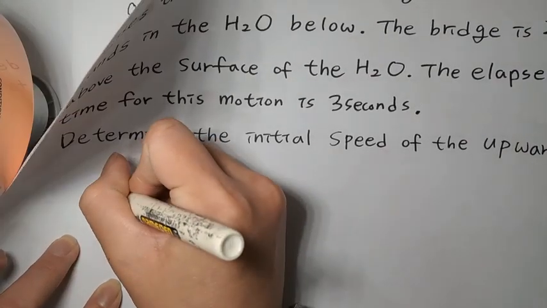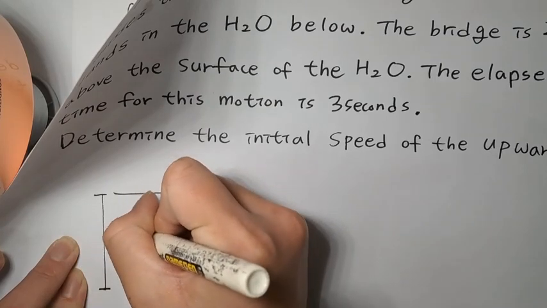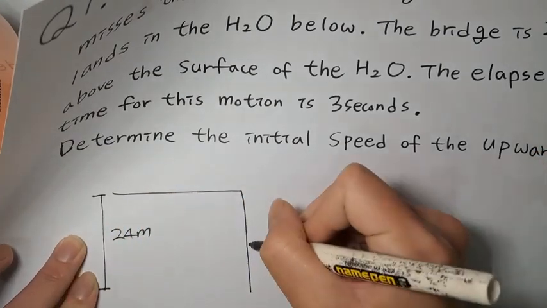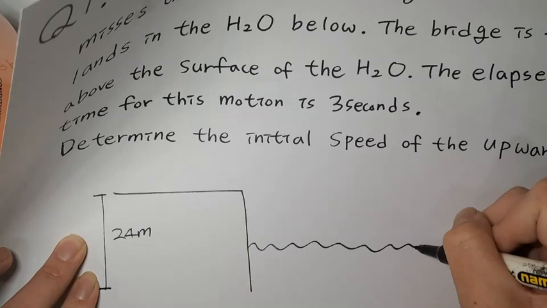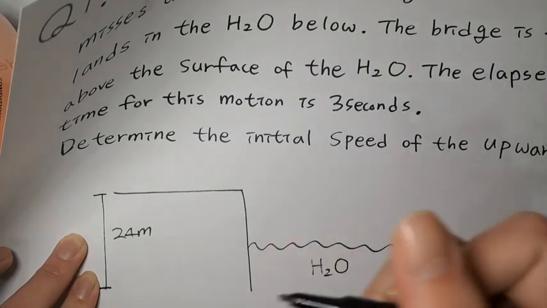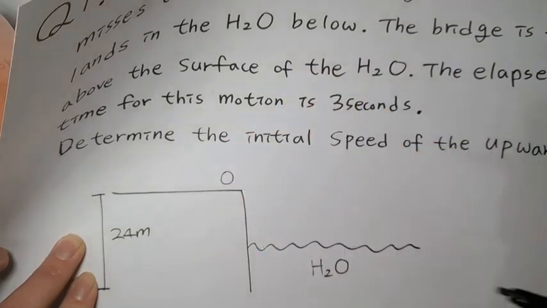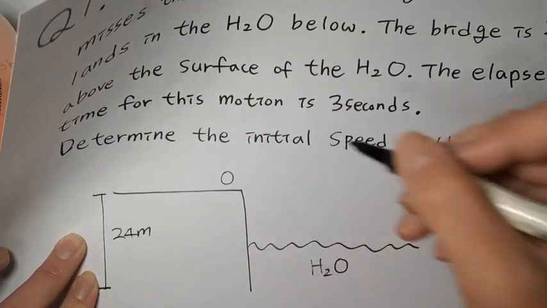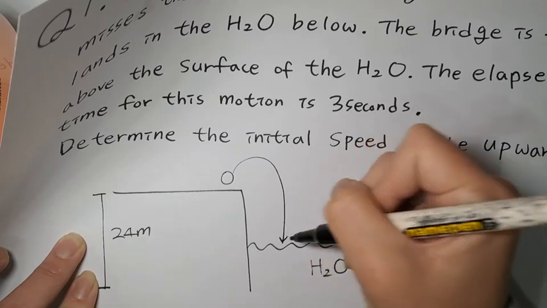So there is a bridge and it is 24 meters tall, and this is the surface of water, and the ball was tossed from the bridge to the surface of the water.